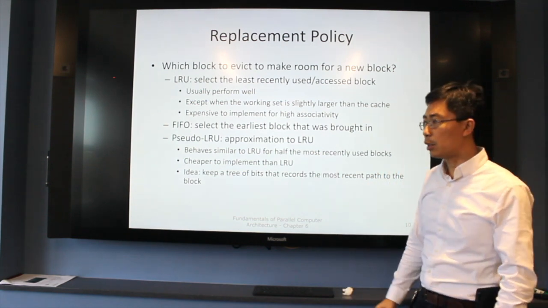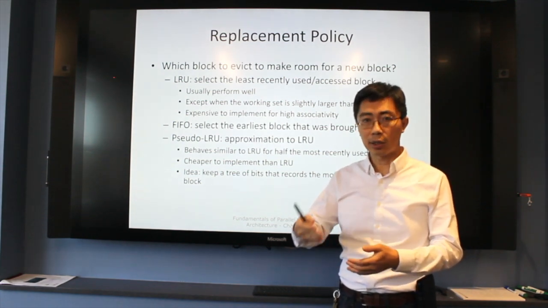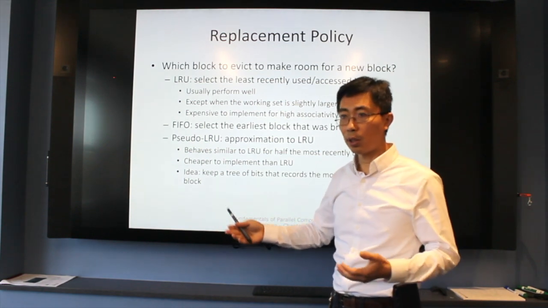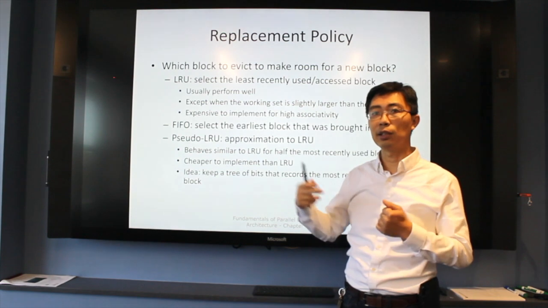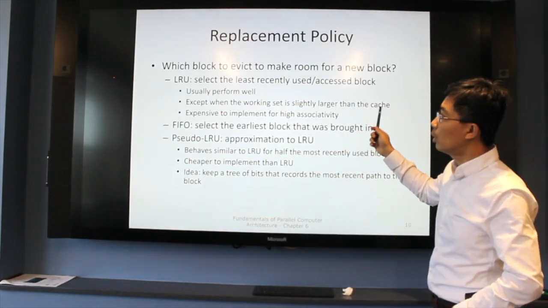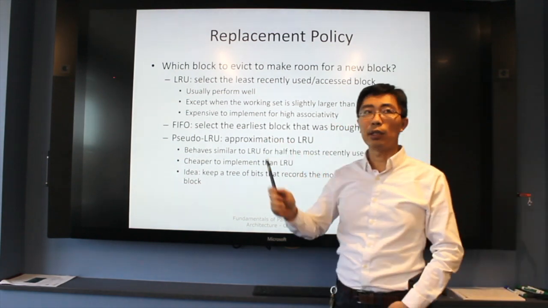The reason is because the data that we need, we tend to access a lot again and again. So the data that we have not used for a long time, this is the one that the program has forgotten. The program may not need it. So usually it performs well. There is a problem.